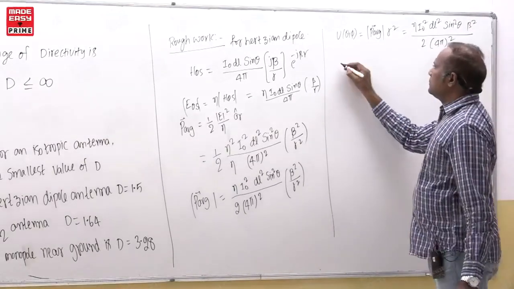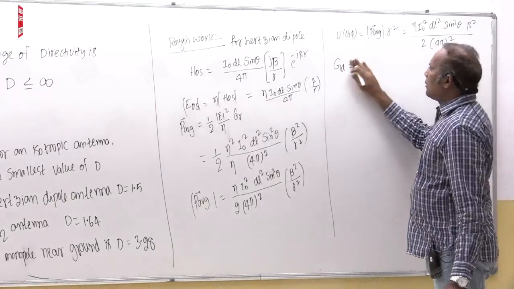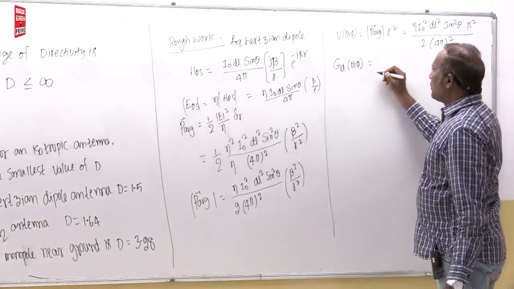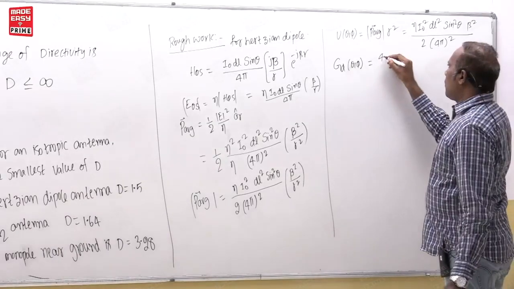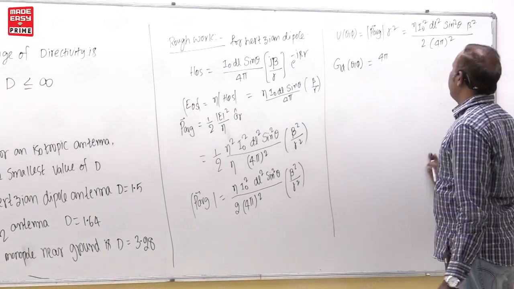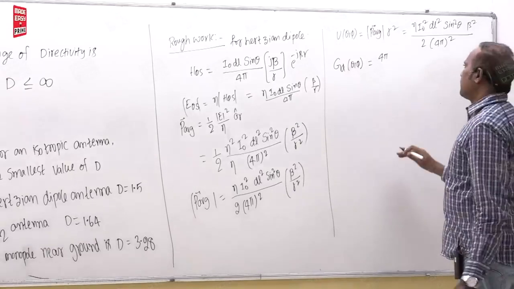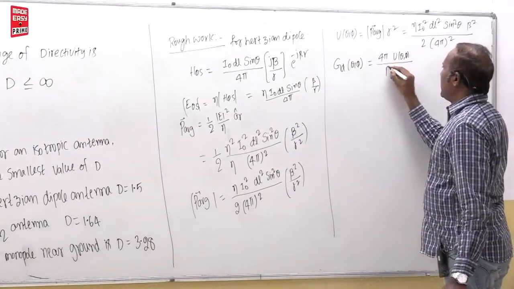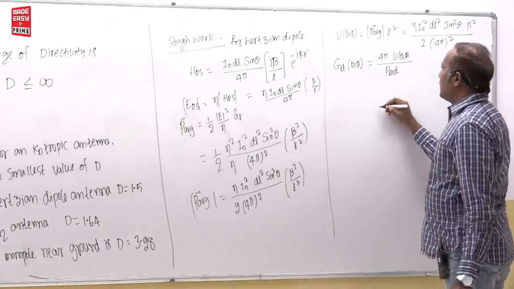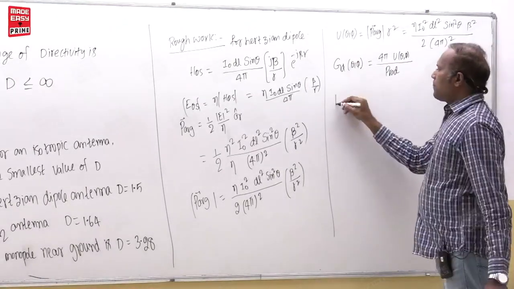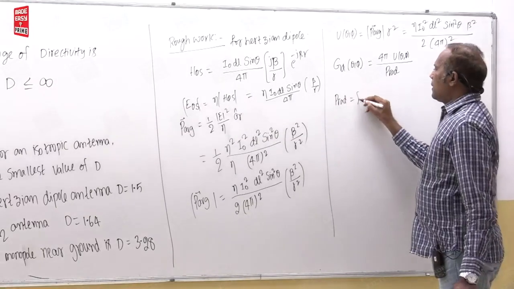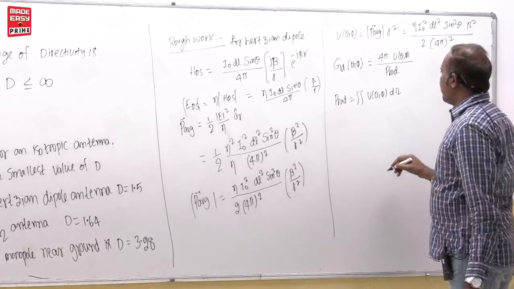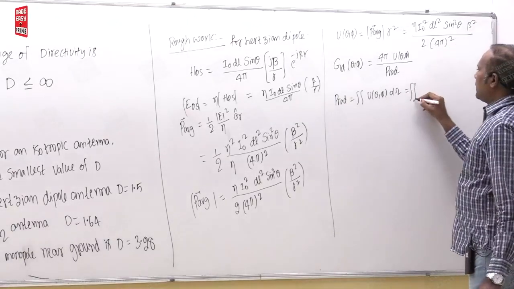Now directive gain is equal to 4 pi U(theta, phi) divided by the power radiated. Now what is the power radiated? It is the radiation intensity integrated over d omega, that is nothing but a double integral.